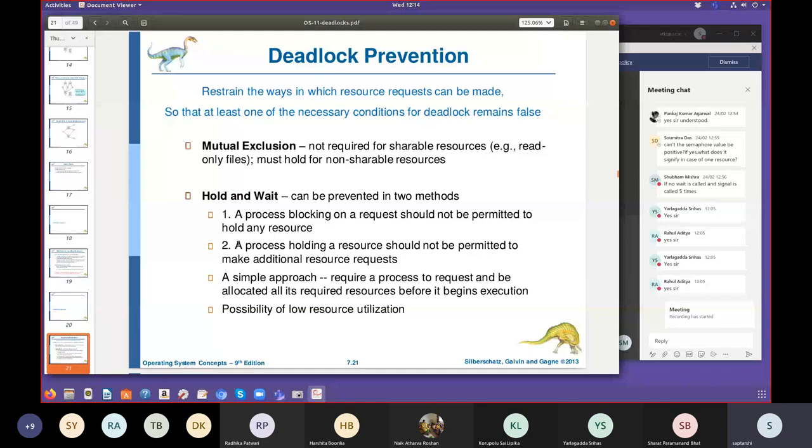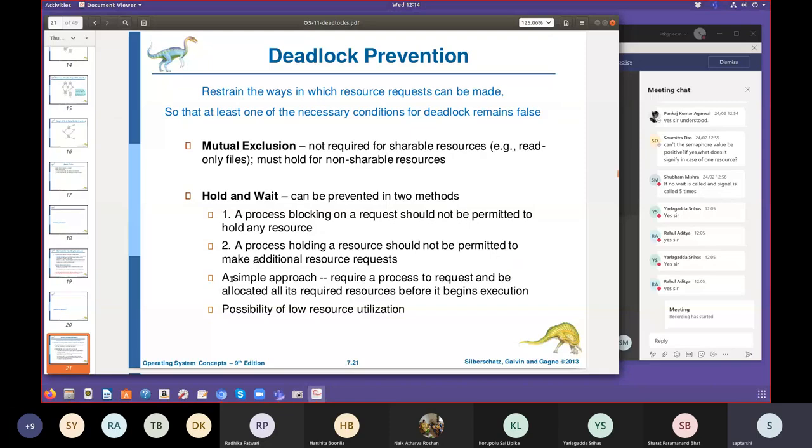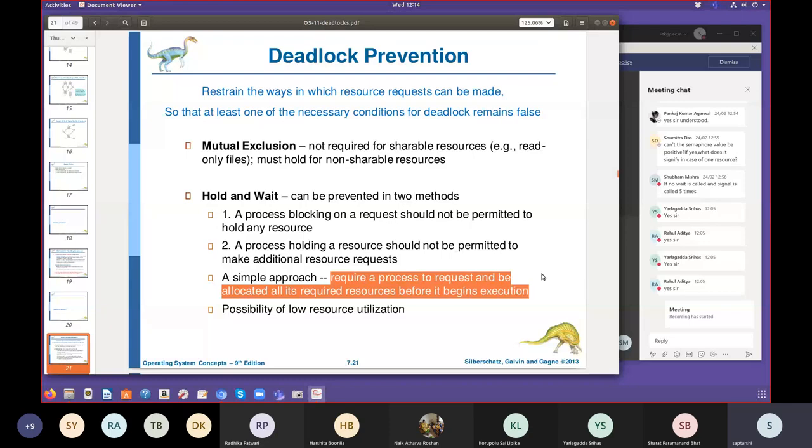The second variant is that a process holding a resource should not be permitted to make additional requests. But this seems a bit bad, because maybe the process has been reading till now and it will write. So how can that happen? A simple and practical approach is to require a process to request and be allocated all of its required resources before it begins execution.